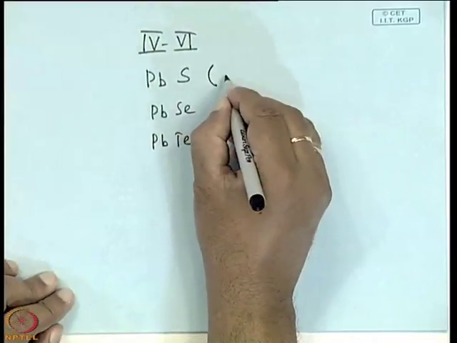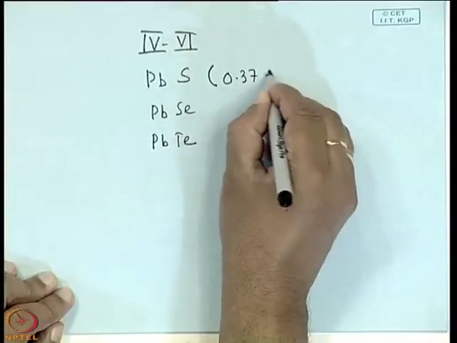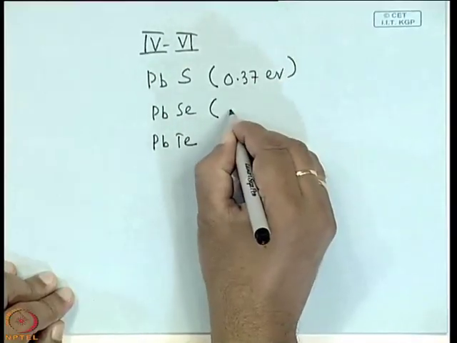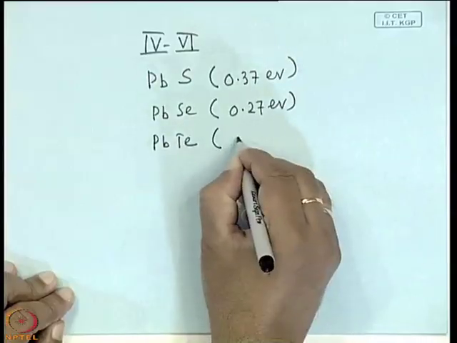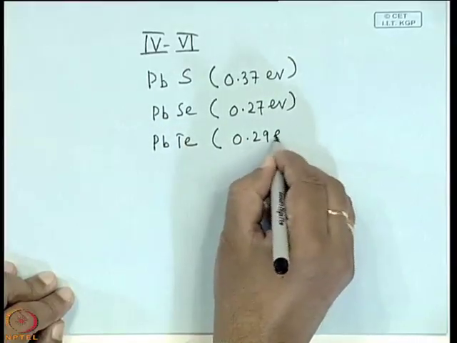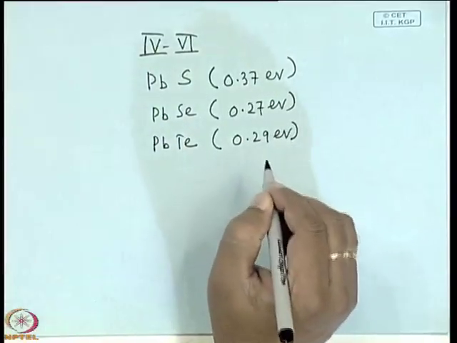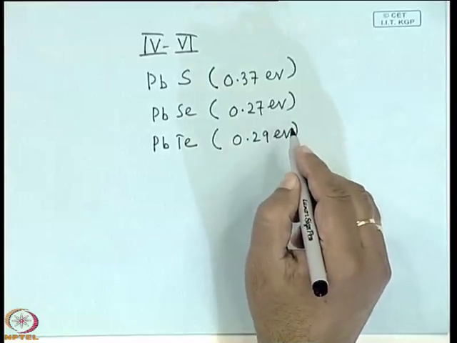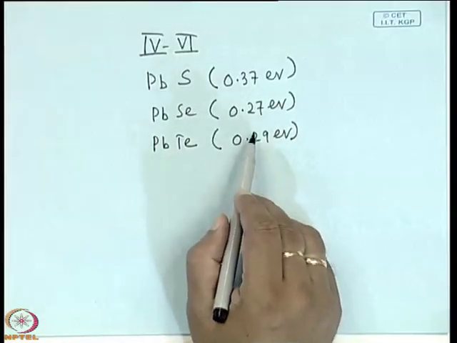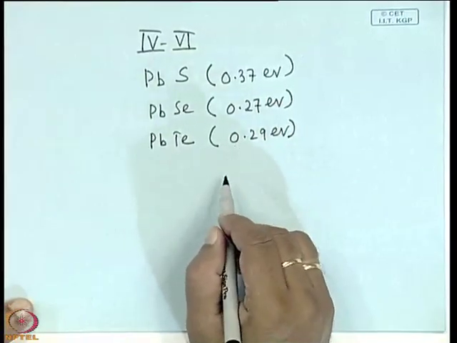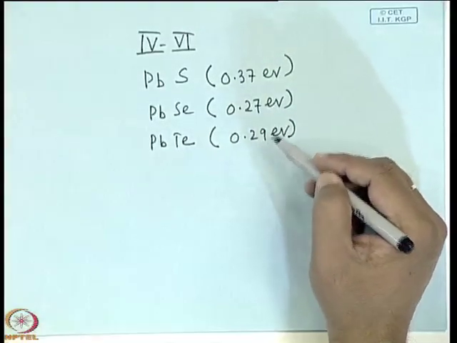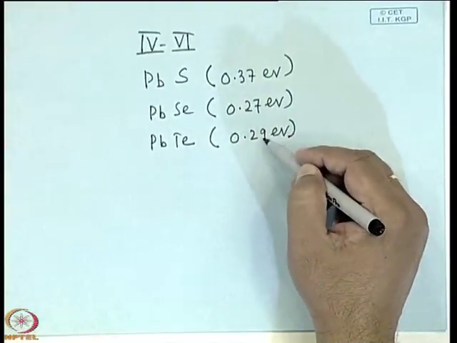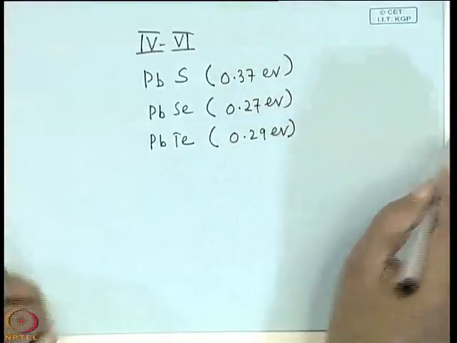Lead sulphide is 0.37 electron volt, lead selenide is 0.27 electron volt and lead telluride is 0.29 electron volt. These are basically narrow band gap materials. You see the band gap is very small: 0.27, 0.29 and 0.37.